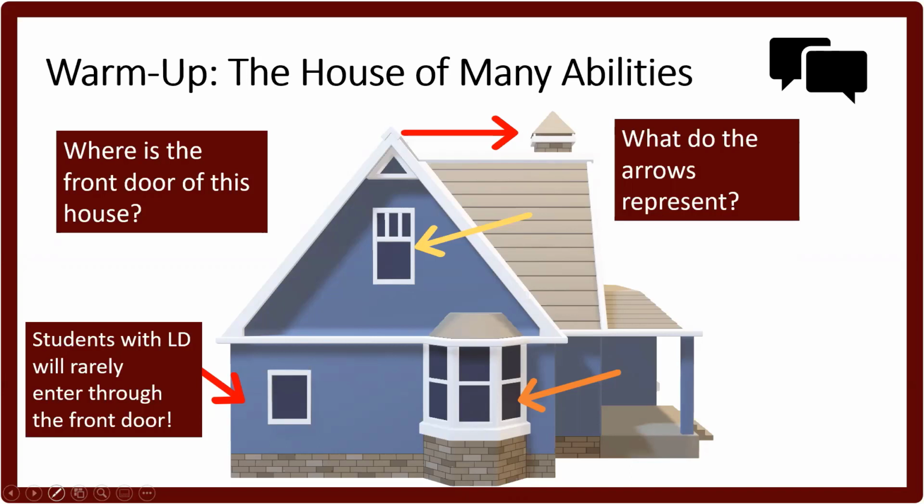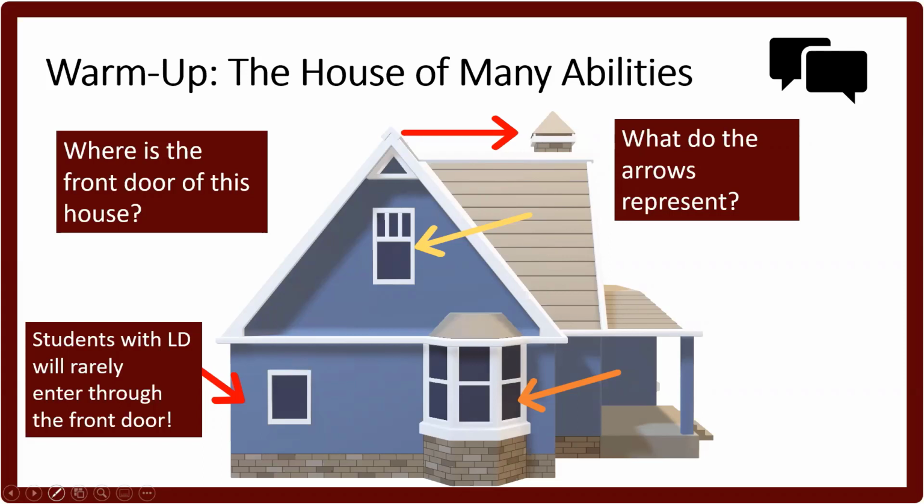Each student with LD may follow a different path. And sometimes if the route is too confusing, the student with LD may shut down, withdraw during class, act out, or may fall behind. Does any of that sound familiar? Have you witnessed any of that in your classes?